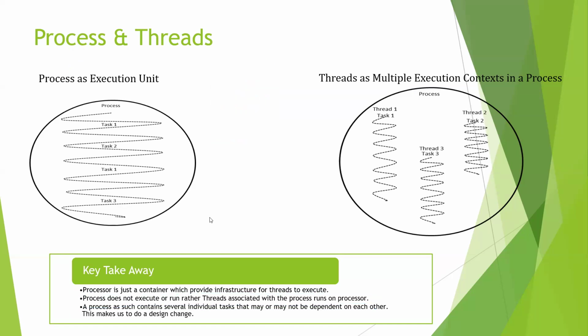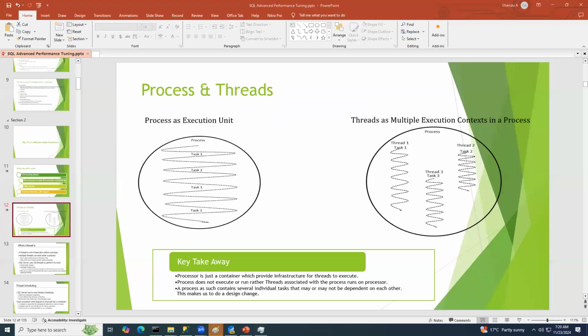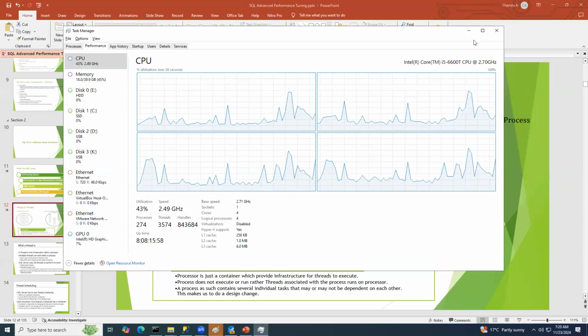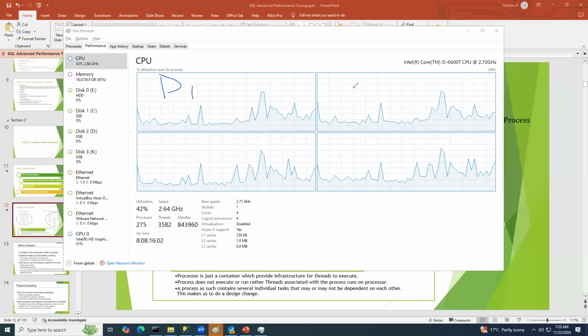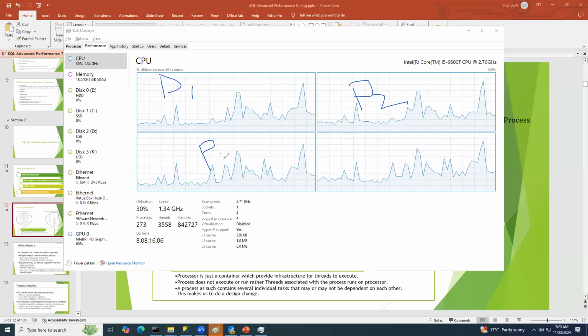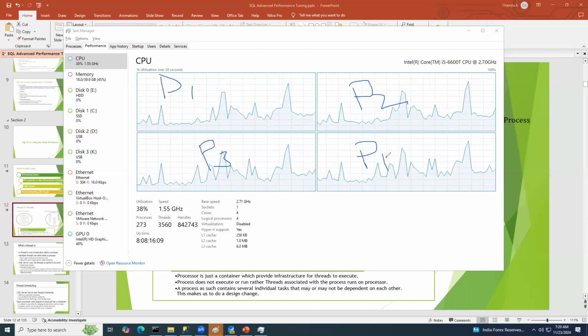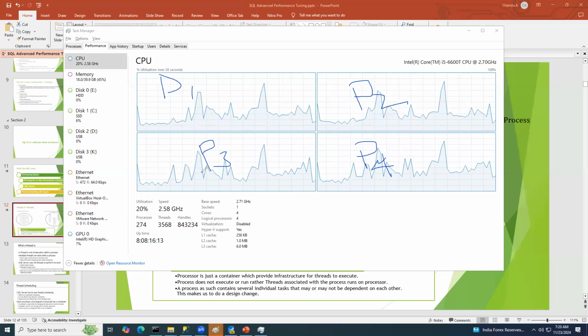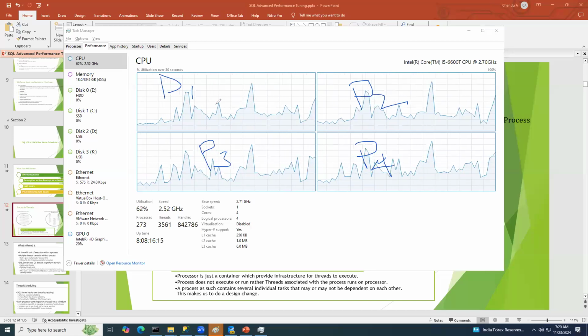Whereas a processor: these four CPUs that we have, this is one processor, P1. This is another processor, P2. This is another processor, P3. This is another processor, P4. So there are four processors on this computer.